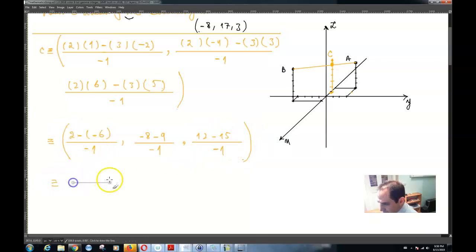That is the same thing as 2 plus 6, which is equal to 8. 8 divided by -1 is -8. Then -8 minus 9 is -17, and 12 minus 15 is -3, which divided by -1 is +3. So that's (-8, 17, 3), which is some point over here, which is going to be the point that we were looking for.